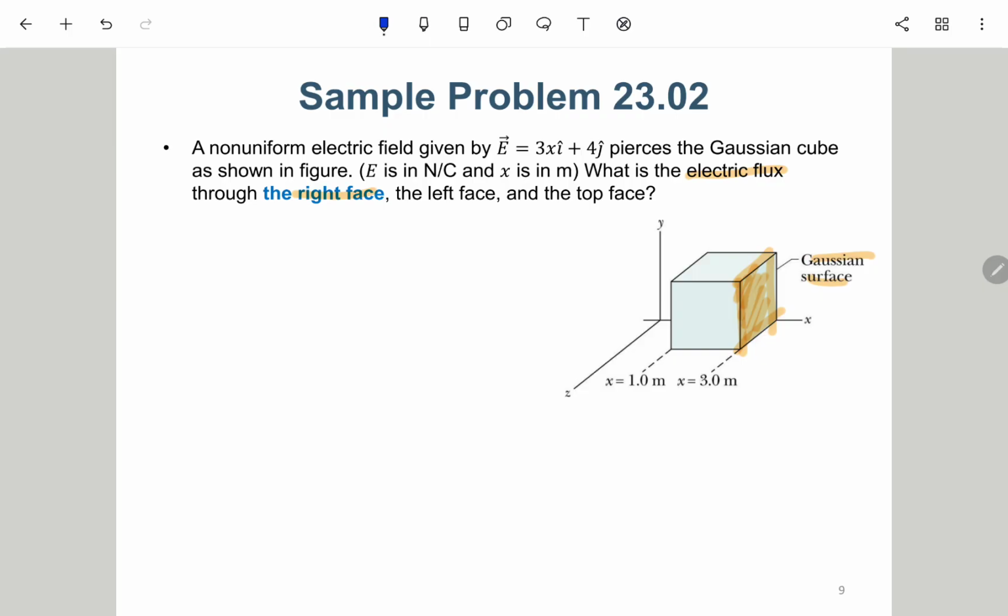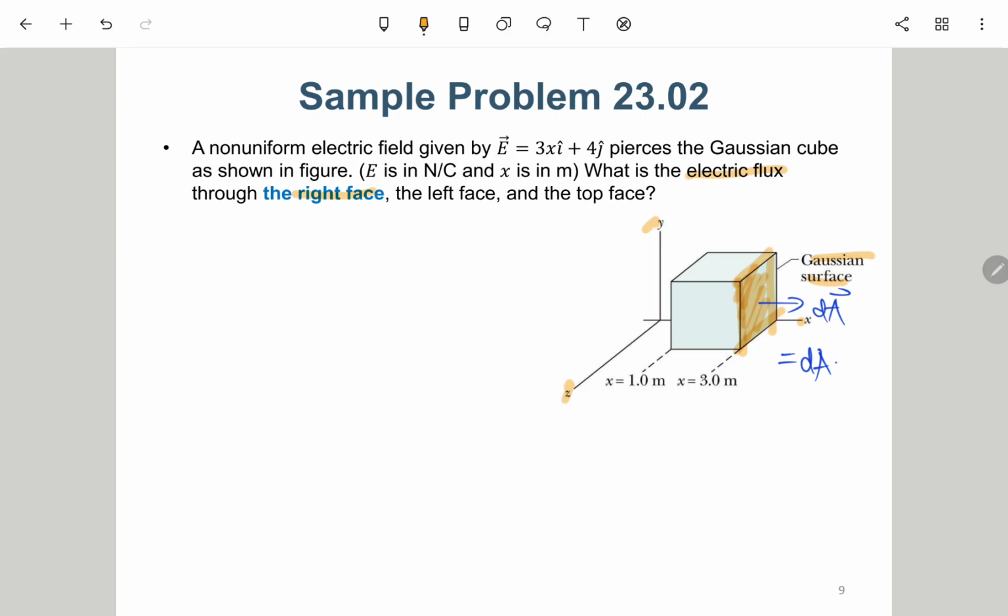So for this face, dA is actually pointing to the right side. Or you can write it as dA times the positive x-axis, because we have here x, y, and z.